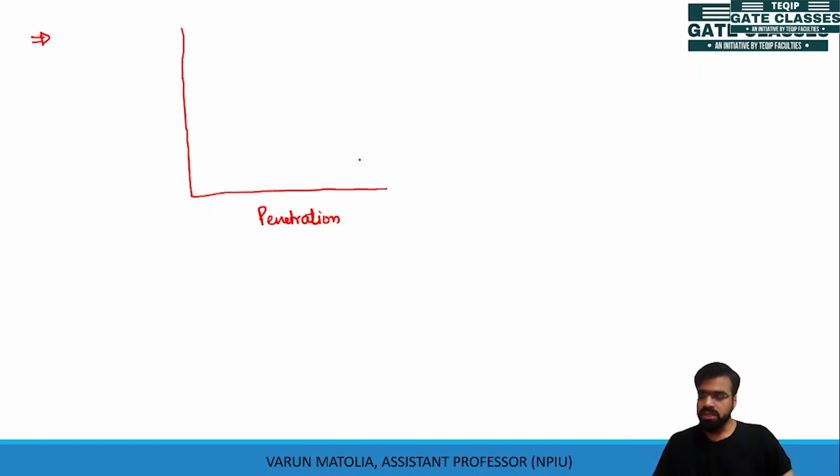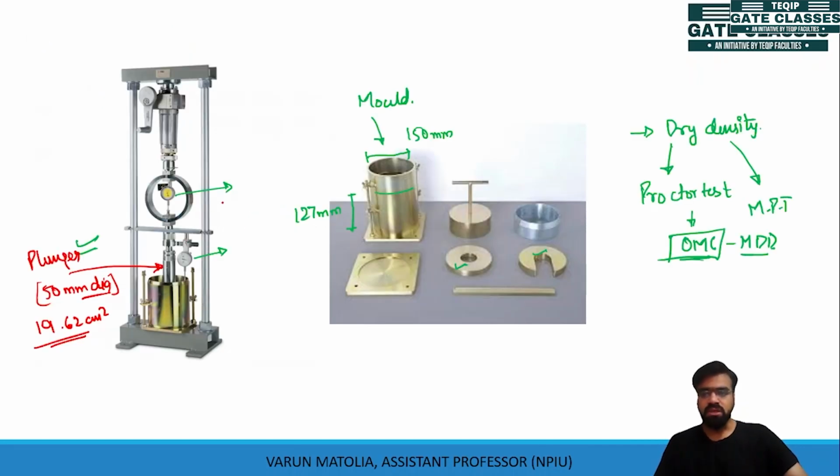I forgot to tell you about the strain which is applied. Let us write this also. The proving ring or the plunger is allowed to move down at a rate of 1.25 mm per minute.